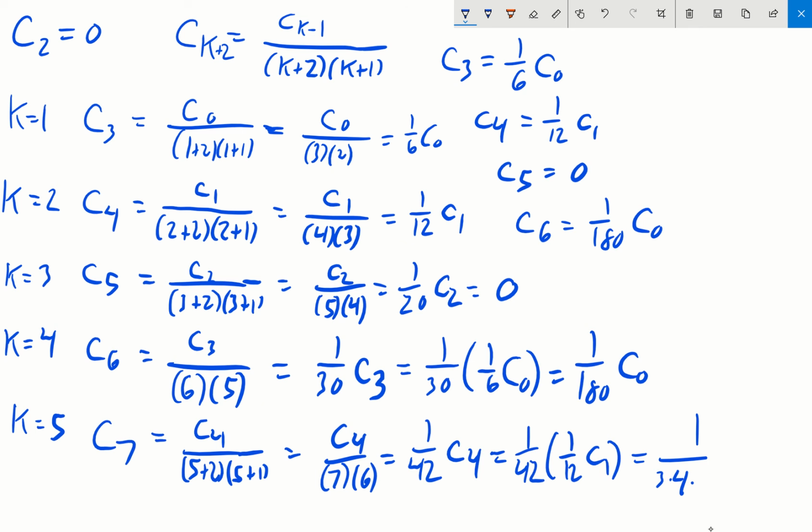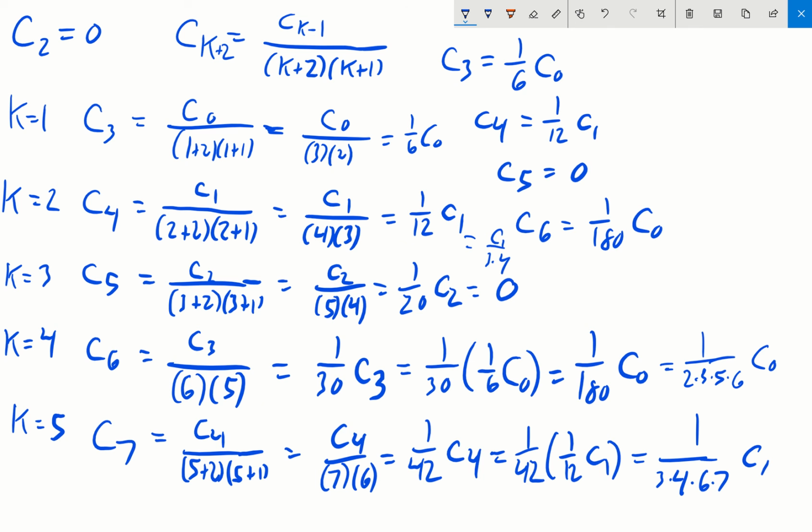I don't need to break it into primes. Let's call it 3 times 4 times 6 times 7 c1. Similarly, if we go back to c6, a convenient way to write this was 2 times 3 times 5 times 6 c0. This one is 0. Our c4, which I have over here, c4 is going to be c1 over 3 times 4.